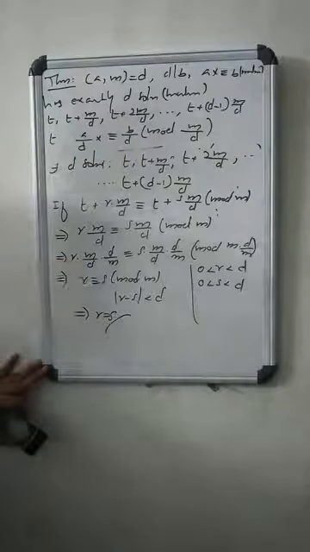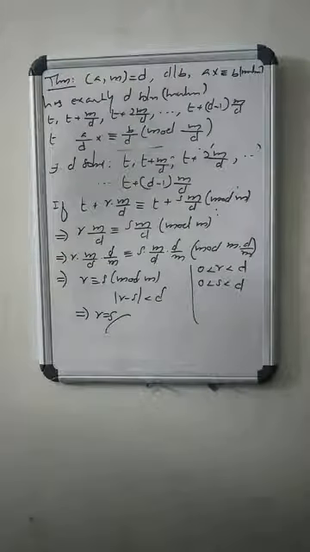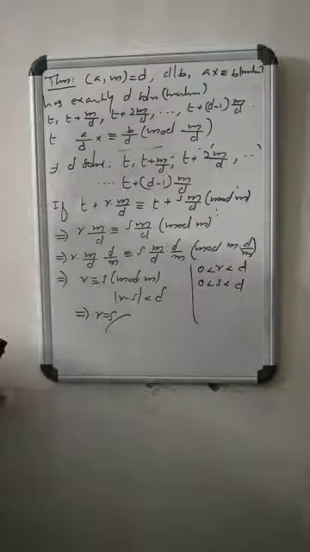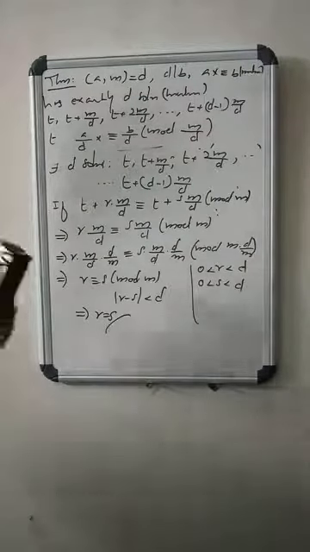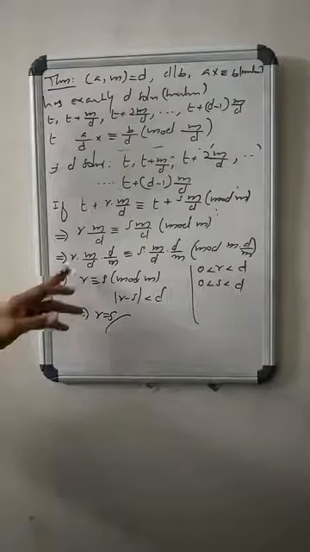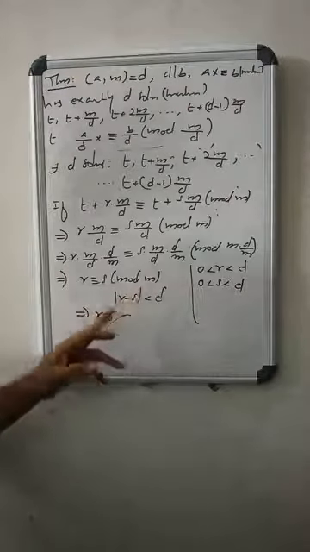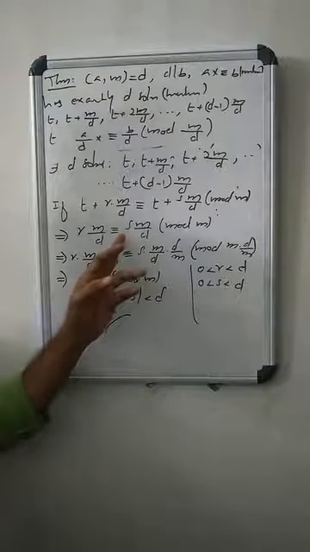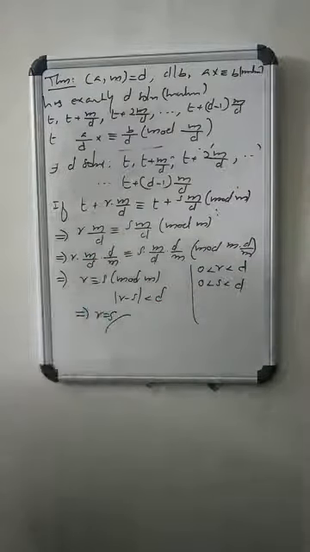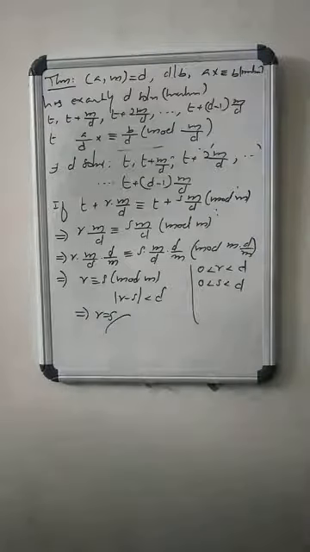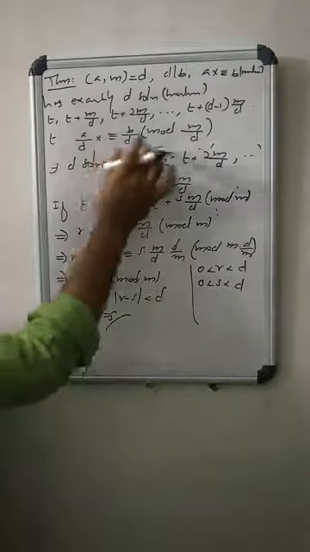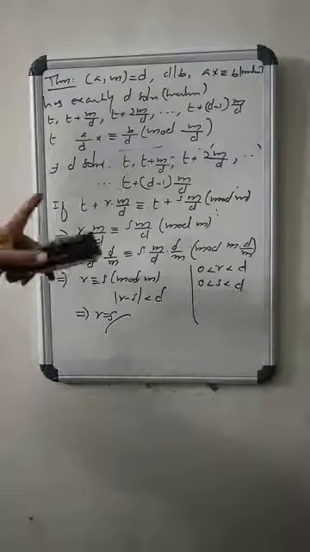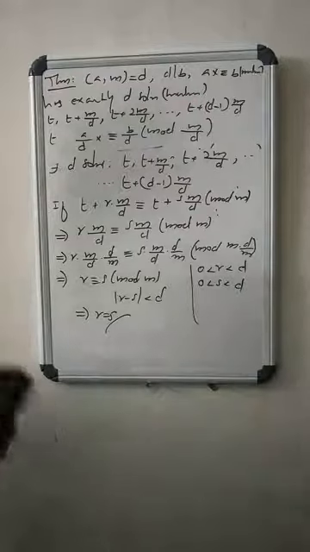Because we already proved a theorem: if a is congruent to b mod m and modulus of a minus b is strictly less than m, then a equals b. Then according to that argument, if r is congruent to s mod m but modulus of r minus s is strictly less than d from the choice of r and s, then clearly r equals s. Therefore, no two of the solutions are congruent mod m; they are incongruent mod m.